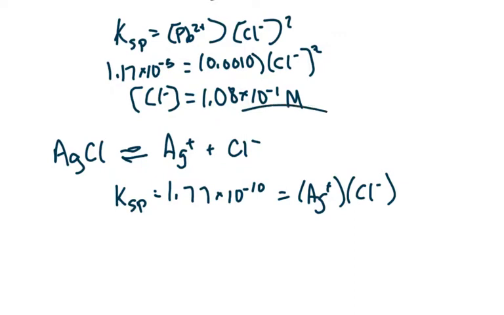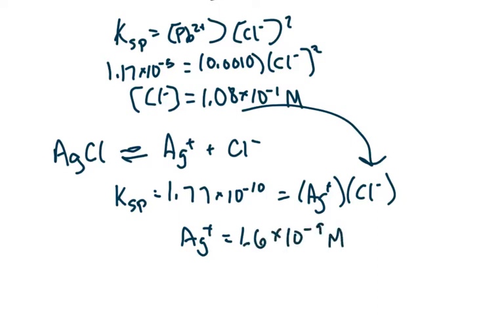I know my chloride concentration, I can plug that in. I know my Ksp, and so I can solve and find that my silver concentration then is 1.6 times 10 to the minus 9th molar.